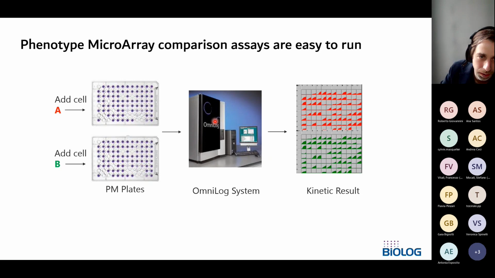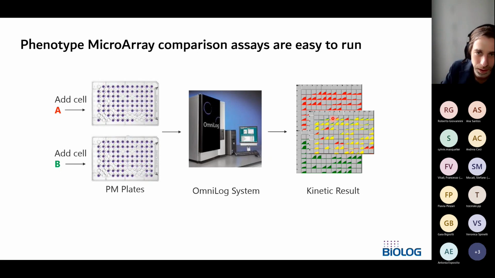You put them in the OmniLog, and the system will assign a color to the curves of the control, a different color to the other cell line that you want to compare it with, then overlay them, and where you see yellow, essentially the metabolism is the same, and where you see a color over the other, either red or green, there's higher metabolic activity in that particular cell line to which the color was assigned.